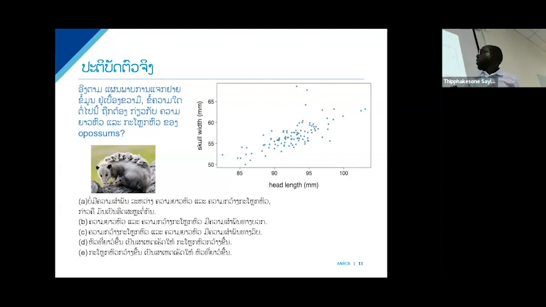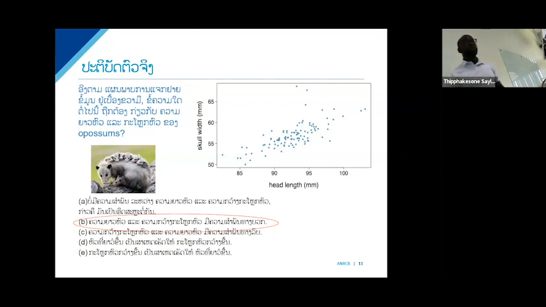So when I have a small head length, I also have a small skull width, and when I have a high head length, I also have a high skull width. So this is a positive association. Head length and skull width are positively associated.